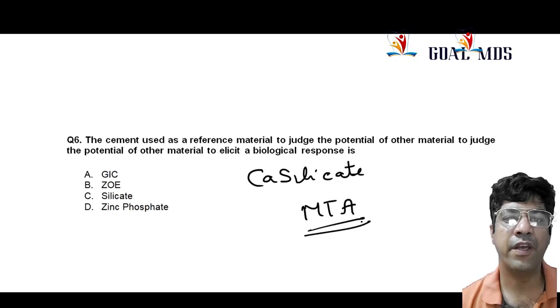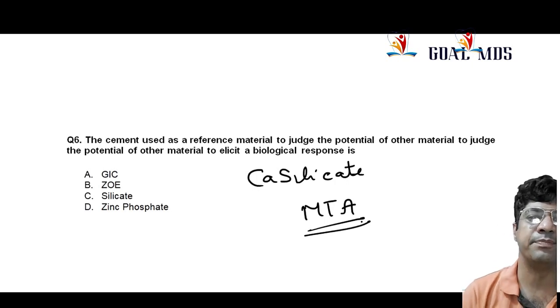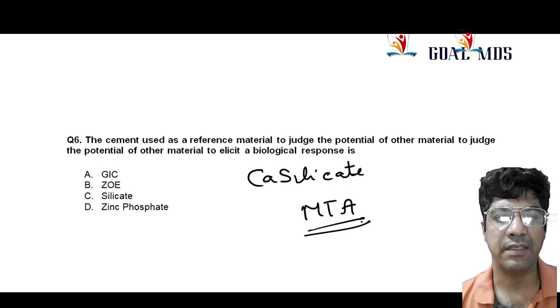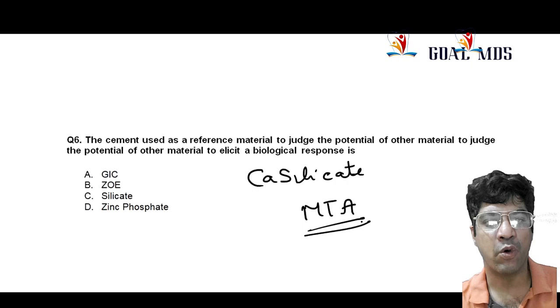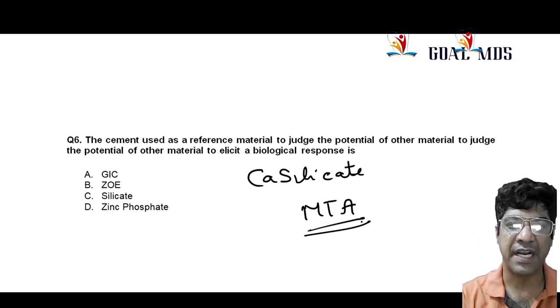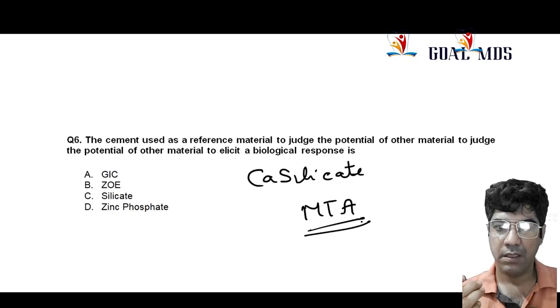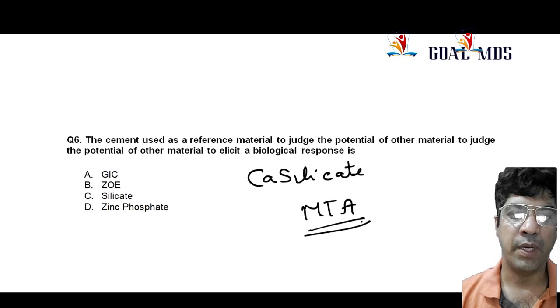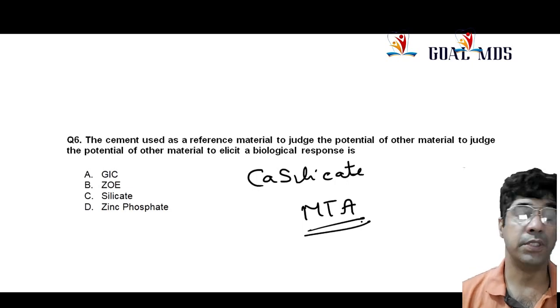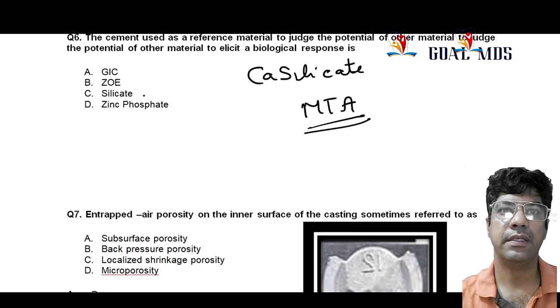So they are often used as reference material to assess the biocompatibility and biological response of other material. They are known for their excellent biocompatibility, and they are used as a standard for evaluating the potential of other dental material to elicit a biological response. So answer will be silicate.